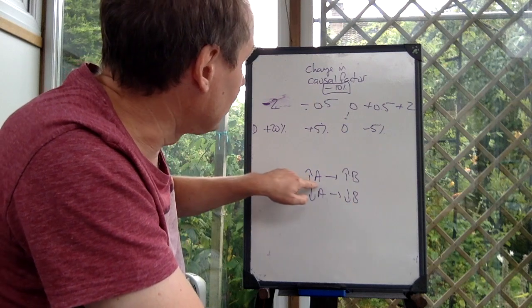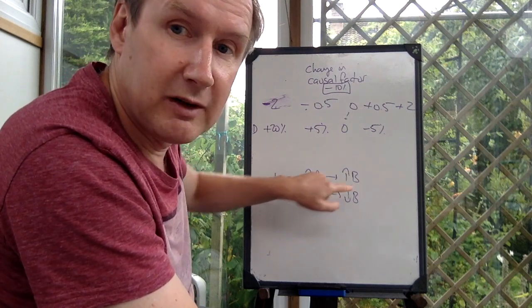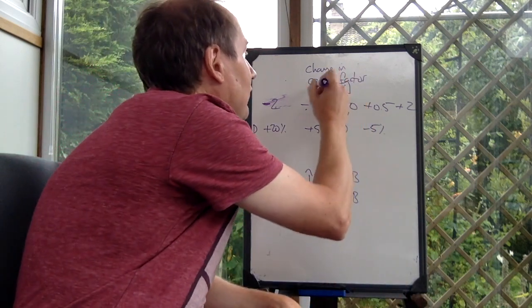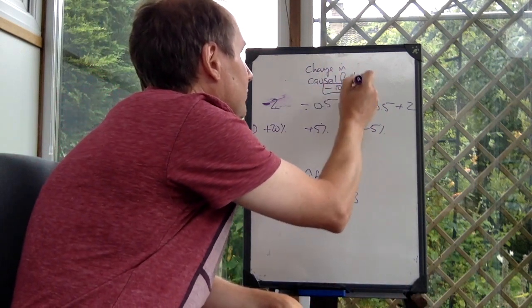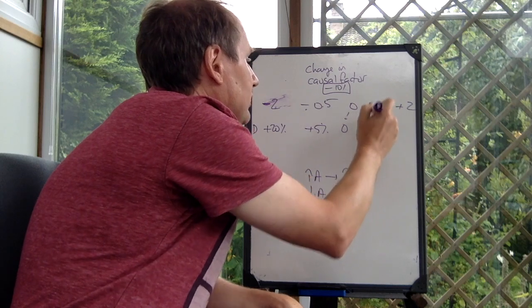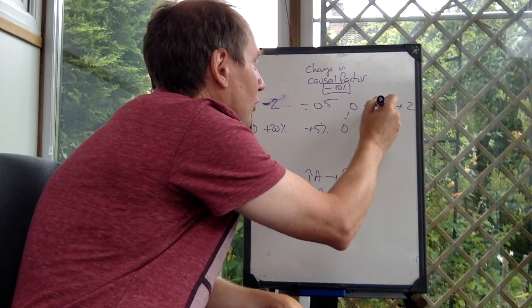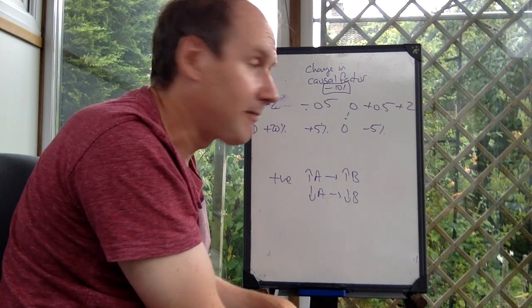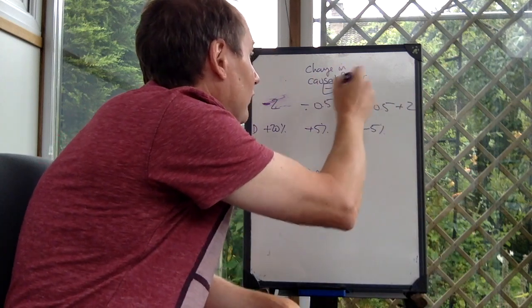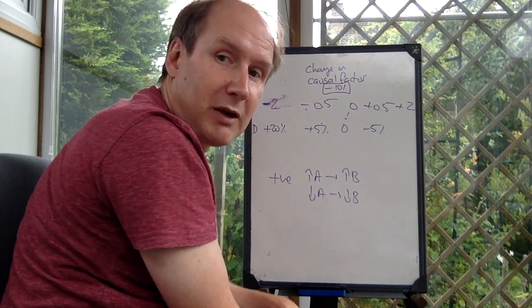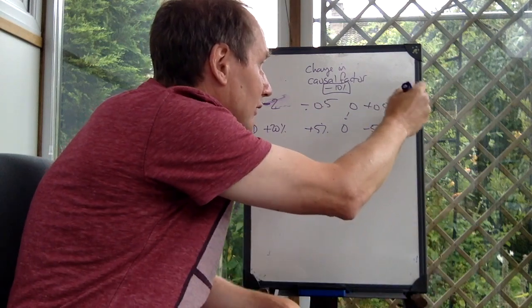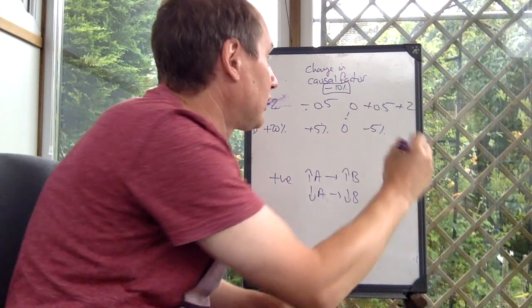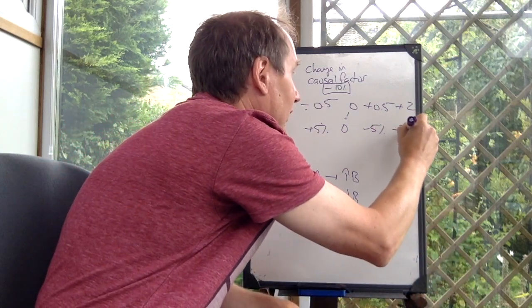Often, if income was to rise, demand would rise, or if income was to fall, demand would fall. So here, if the causal factor falls by 10%, it's a positive correlation, so demand would fall by 0.5 times as much in the same direction. And likewise here, if the causal factor falls by 10% and the elasticity is plus 2, it changes by 2 times as much and in the same direction.